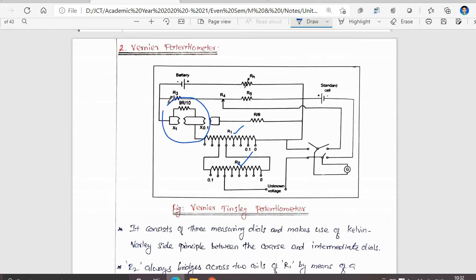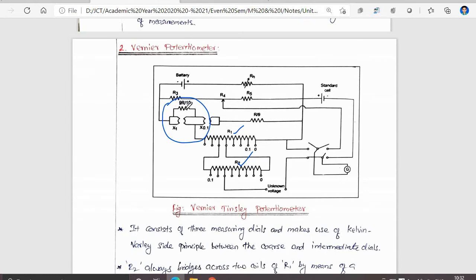Because it is a variable resistance, it should be connected to the circuit. You can plug in, and based on the plug-in contact, the resistance is added into the circuit. This is the plug type resistance module. Here is the least value and this is the maximum value.